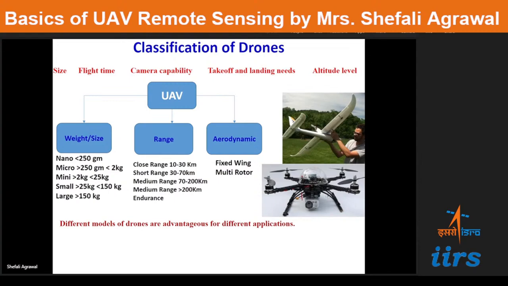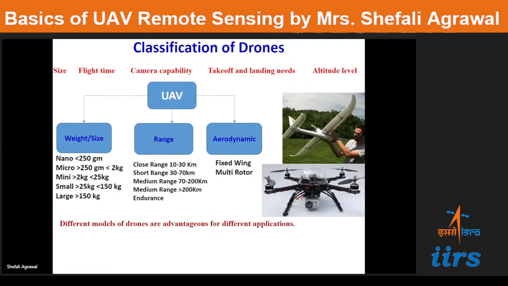Then based on the range, there are different categorizations like close range, short range, and medium range. This is also dependent on the endurance. Endurance is the flying time. Close range is when the battery life is such that it cannot go beyond a certain distance, that is 10 to 30 kilometers.